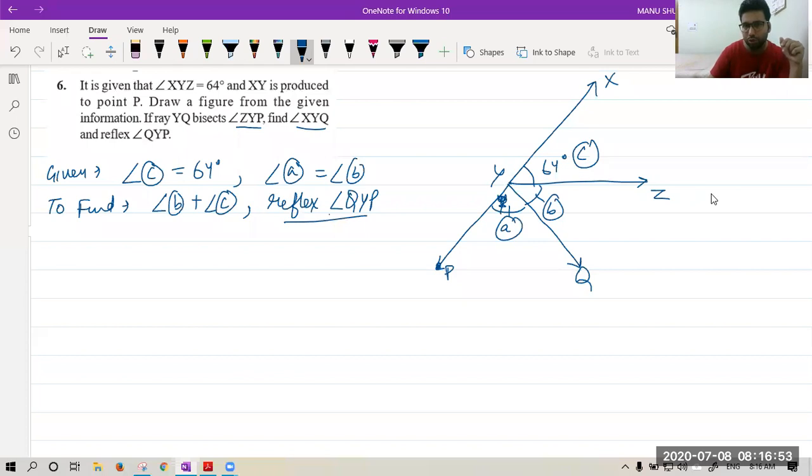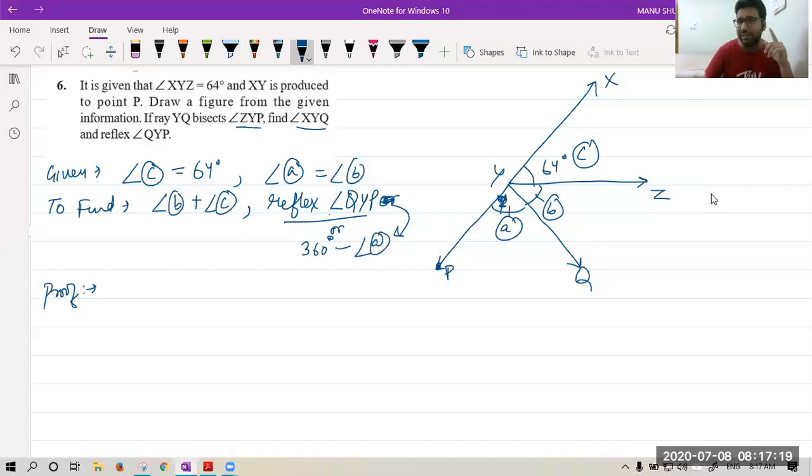QYP is angle A, so we have to find 360 minus angle A. So this is my interpretation of the question. I always interpret the question in my easy way. Now let's start the proof. Actually it is the solution, but still I say proof.